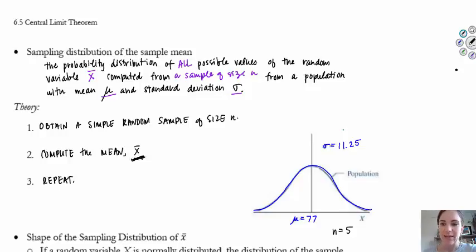If I do that again and again until I have taken every possible sample of size 5 from the population of 40, I can then make a distribution of the sample mean. So I'm not talking about the exam score itself, but the average exam score for 5 students.